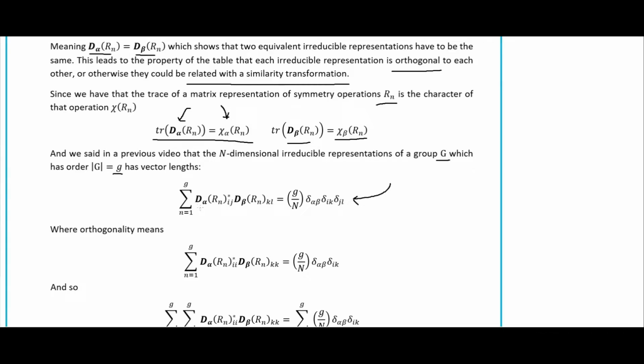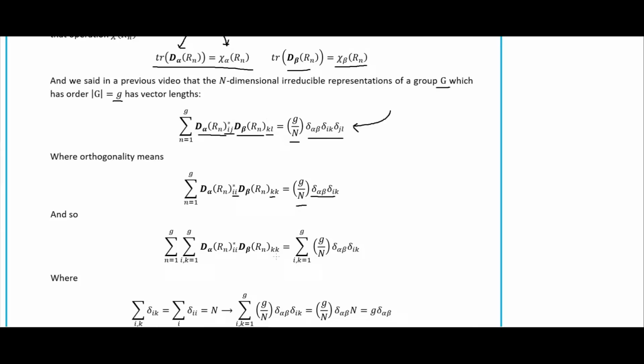So we sum up the products of these two representations here, and we end up with this G divided by the dimensionality times all these Kronecker deltas. And so the orthogonality means that we can set I equal to J and K equal to L, so we have I and KK here. And so that equals this G over N times these two Kronecker deltas.